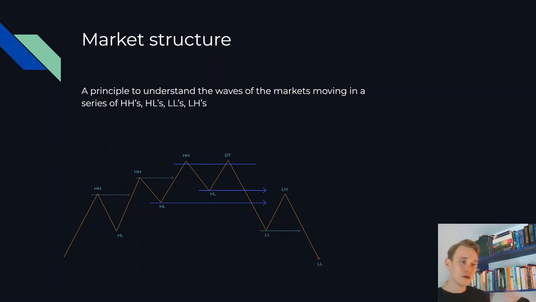Now in this description here, we've got price starting on the left hand side, moving over to the right hand side. However, in this case, in a series of higher highs and higher lows, higher high, higher low, before ultimately stalling out at the top and price starting to reverse.